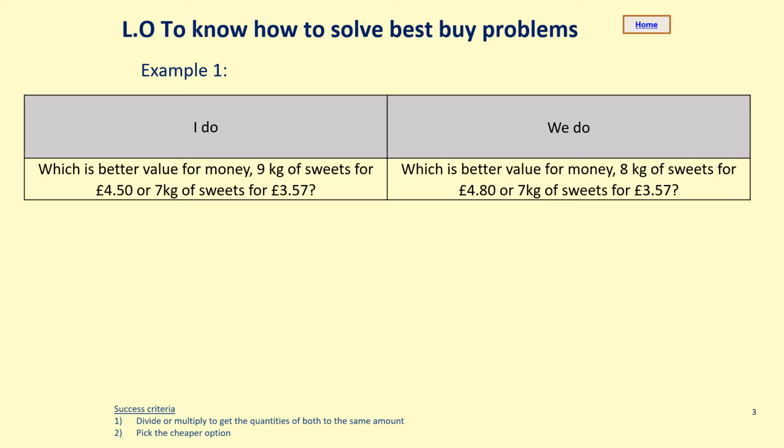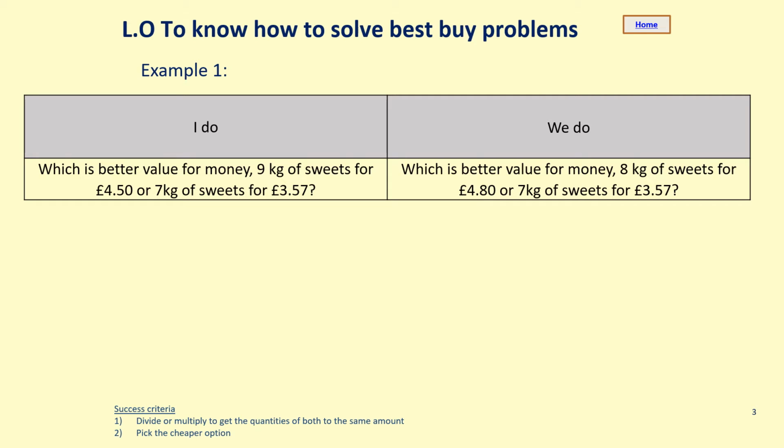Okay, so example 1. And like I say, this is called best buys because you're supposed to pick which one is the best value for money, which one is the best buy. So it says, the I do says, which is better value for money? 9 kg of sweets for £4.50 or 7 kg of sweets for £3.57.